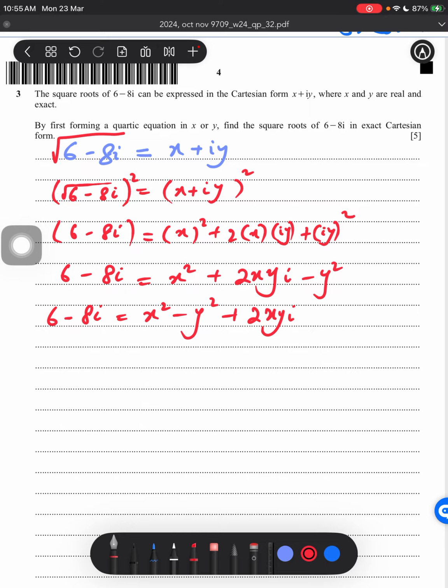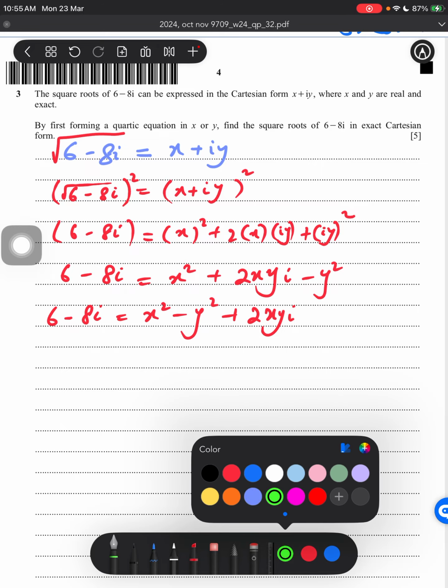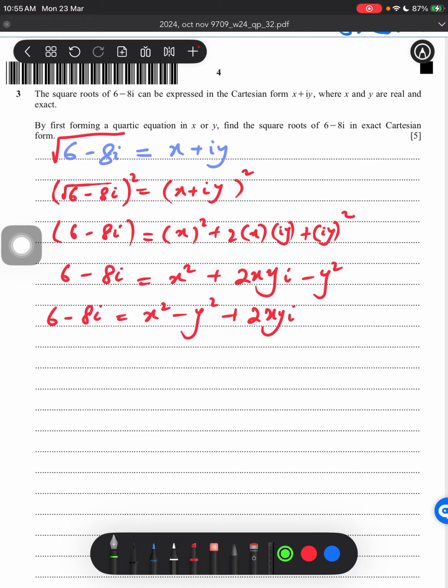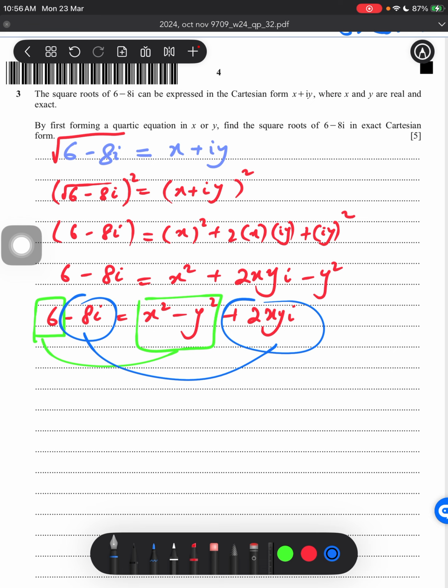That you can see easily, that 6 can be equated with this real number, and the imaginary part of minus 8 can be equated with this part.